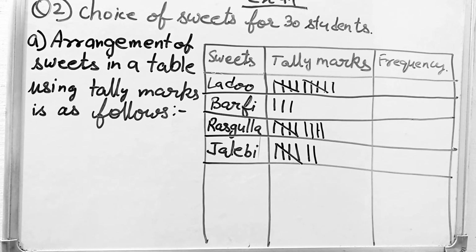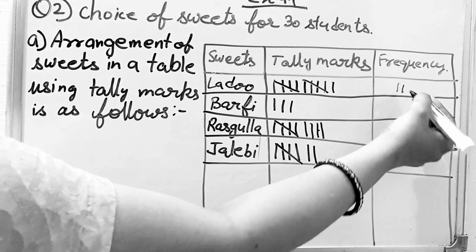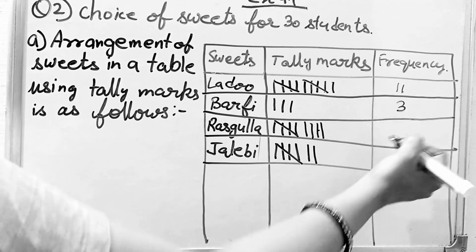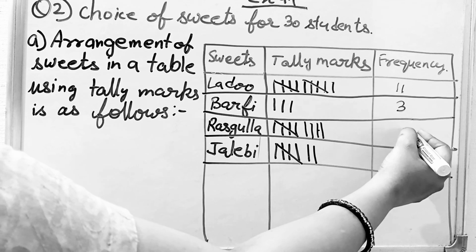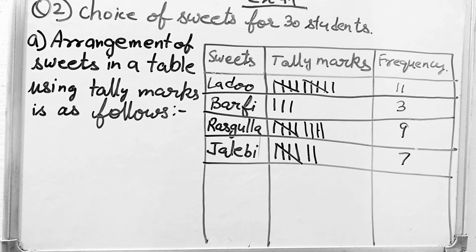Now we will write the frequency accordingly. Laddu is coming 11 times, so it will be 11. Barfi is coming 3 times. This is 9 and then it is 7. Now how can we cross-check it? We can just add them up and it should be 30.